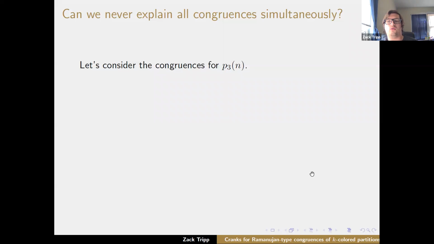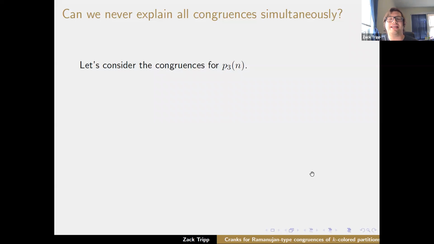Just to give one explanation of how one could extend this a bit further: we have these two families that explain most of the congruences we're interested in. What I'm getting at is that, unfortunately, they can't simultaneously explain when a number is congruent to negative 8 and negative 14 mod certain primes.